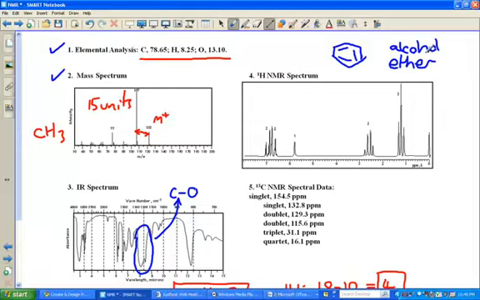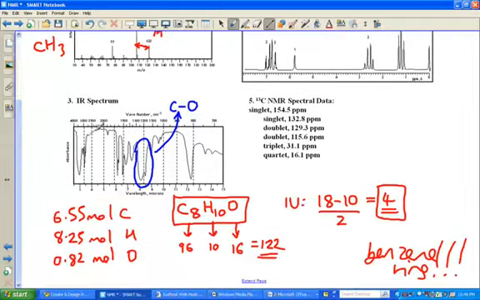What we are looking for is the distinguishing feature of the alcohol that's not present in the ether, which is that strong, broad OH stretch way down on the left-hand side of the infrared spectrum. And notice, boom, right there, that's what we have. That is highly indicative of the OH group.